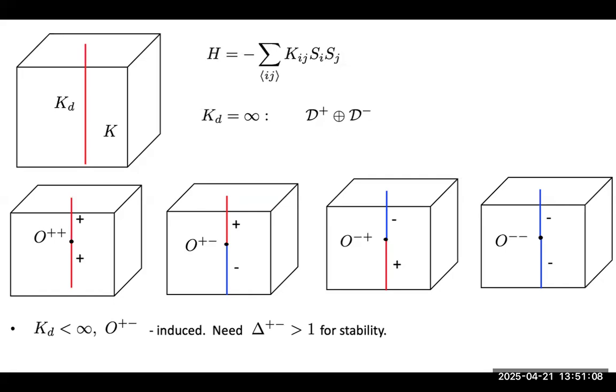And of course, I should make it obvious that this KD equal infinity fixed point has long range order along the defect. If delta plus minus is smaller than 1, then the domain wall is relevant, and we expect the long range order to be unstable. And we will prove that actually the lowest dimension domain wall in the 3D Ising model actually has scaling dimension less than 1, so long range order is unstable.